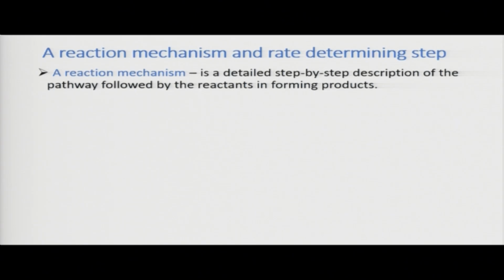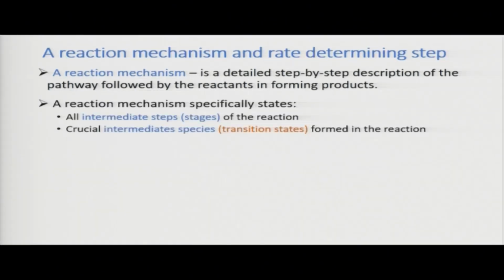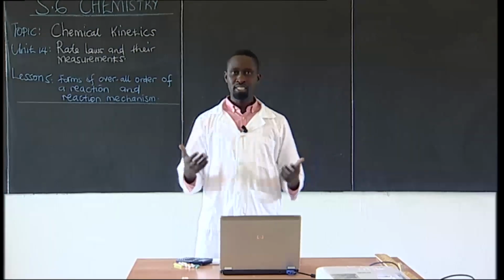But for someone who is also attending this lesson with us, when we talk of a reaction mechanism, we mean the step-by-step way in which reactants form products. What do they exactly go through? So in a reaction mechanism, two crucial things are involved. One, intermediate stage or step, then intermediate species, which we call transition states.